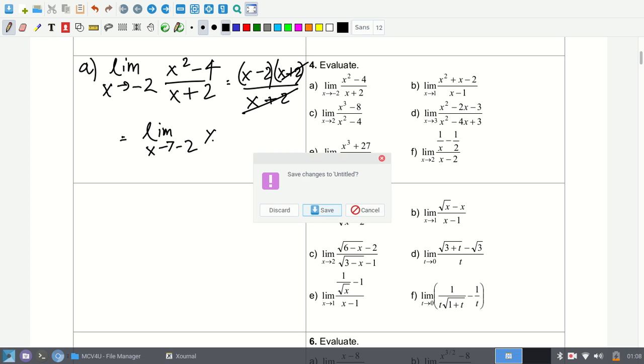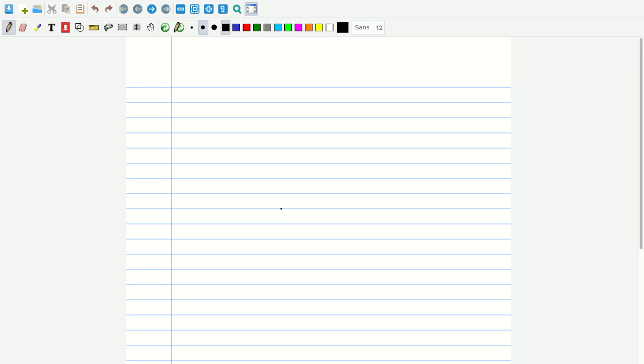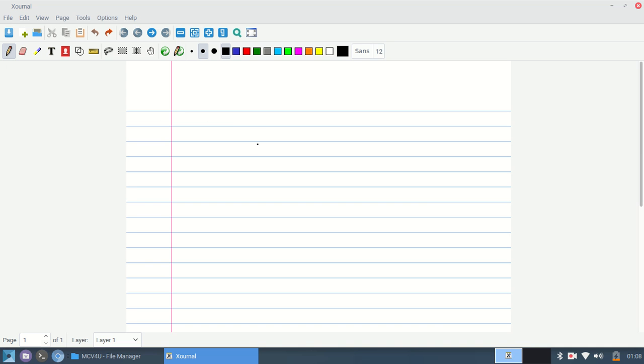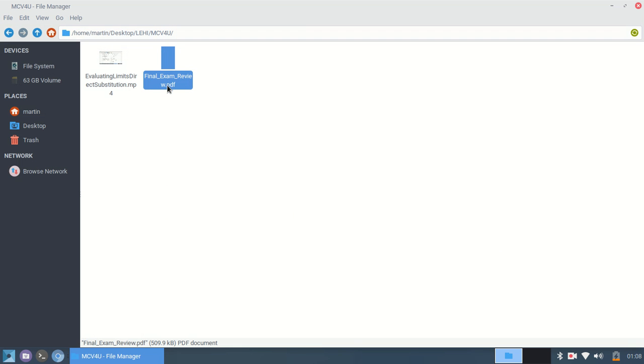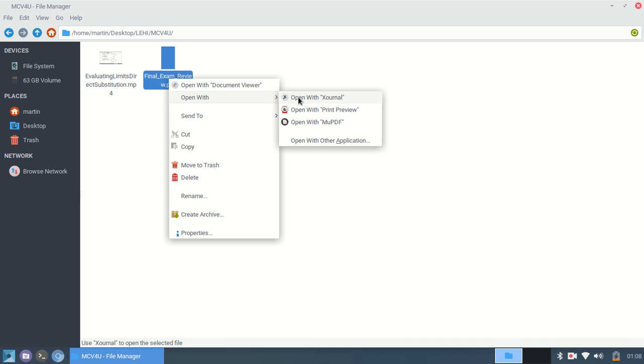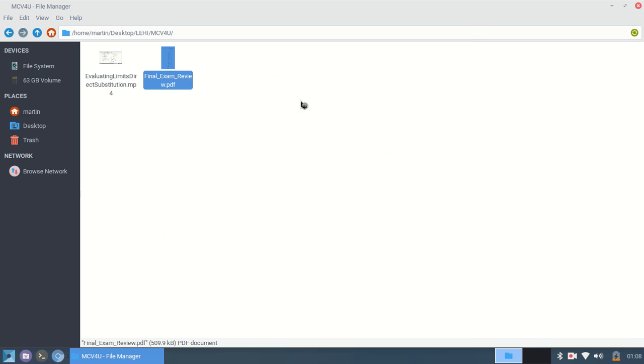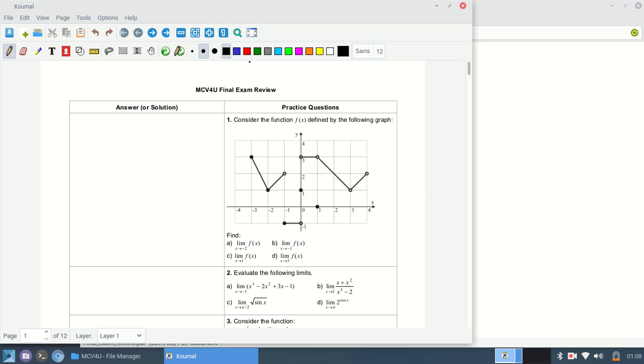In fact, I can just do a new page. Discard. Oops, I think I made a mistake here. Let me go back. Okay. Close it. Right click. Open with Xournal. I won't do that again. And then we're going to full screen it.